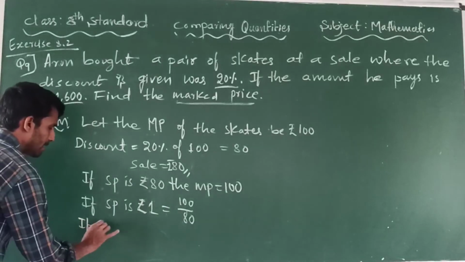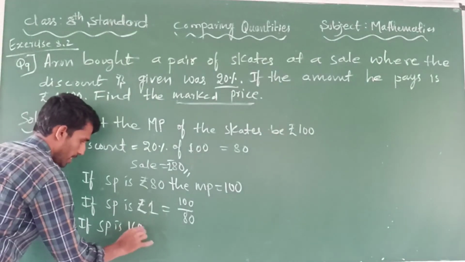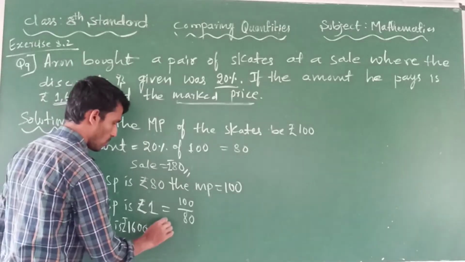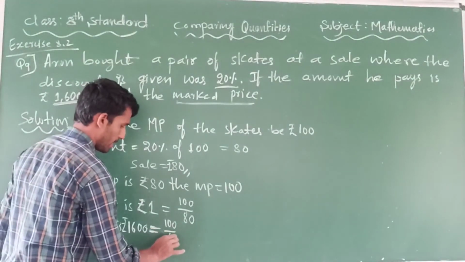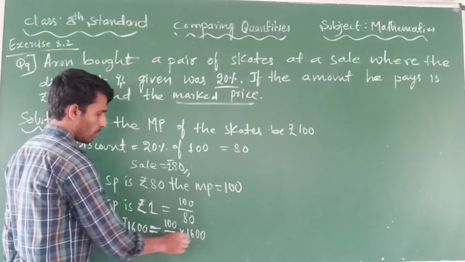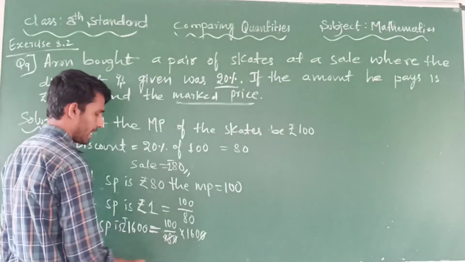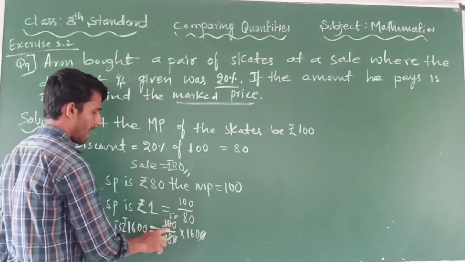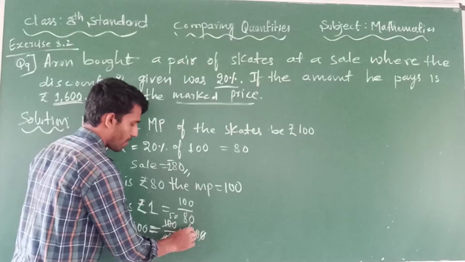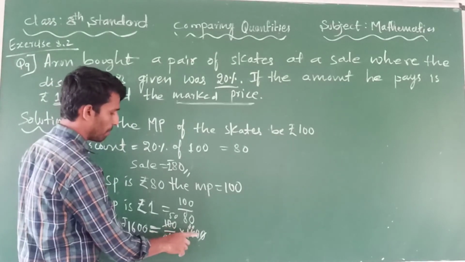Then if selling price is 1600, we have to do 100 by 80 into 1600. Now you cancel here, 0 gets cancelled. 2 4s are 8, 2 50s are 100. 4 ones are 4, 4 40s are 160, completely cancelled.